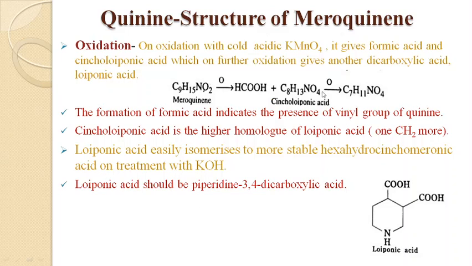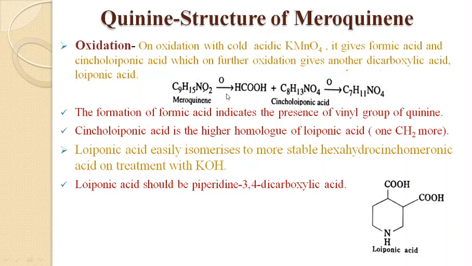The formula of cincholoiponic acid is C8H13NO4. As you can see, loiponic acid has one carbon atom less and 2 hydrogen atoms less. That means there is a difference of a CH2 methylene group between loiponic acid and cincholoiponic acid.